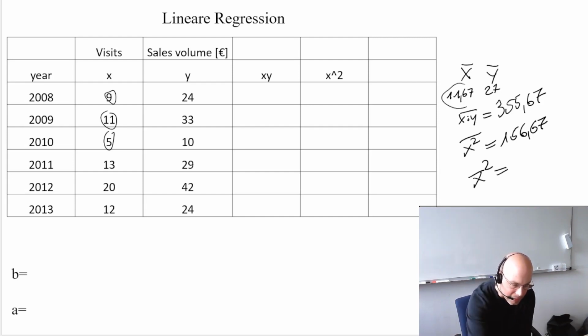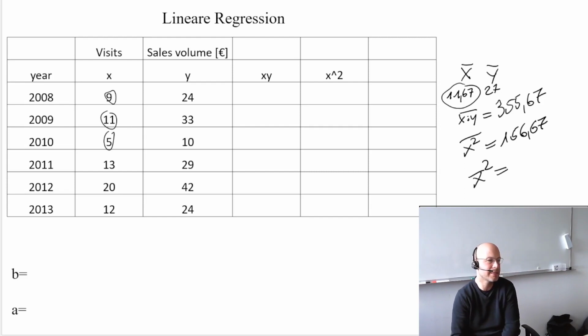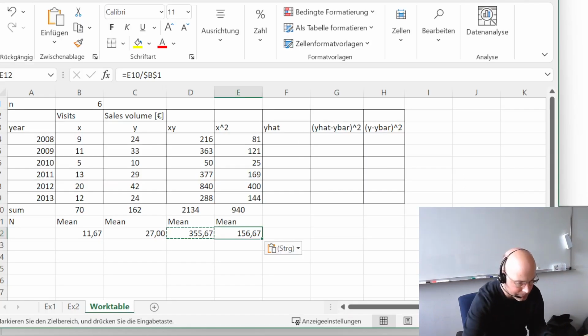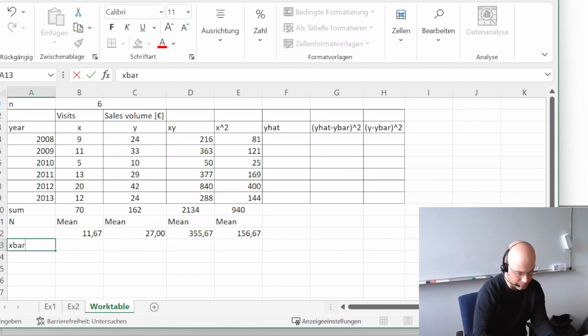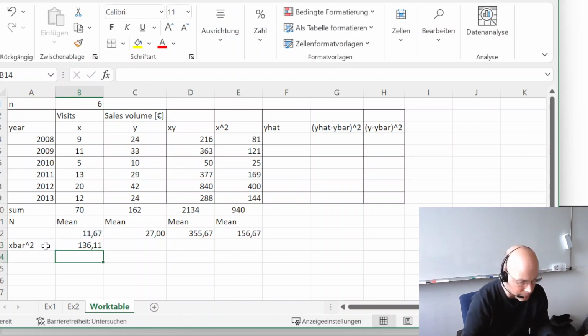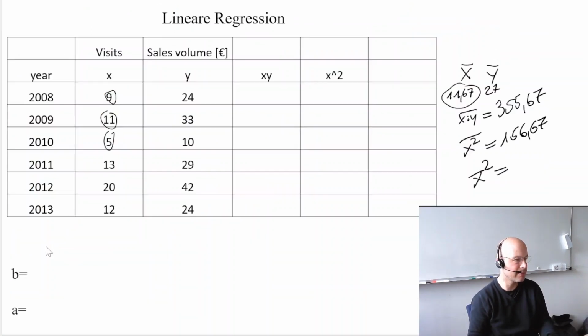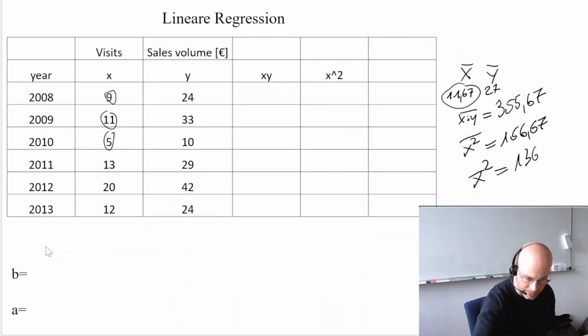We already have X bar, 11.67, so 11.67 squared is 136.11.